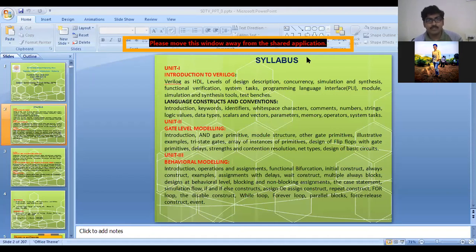We have seen this VHDL. That is also one type of hardware description language. This is another type of hardware description language. This is Verilog hardware description language.